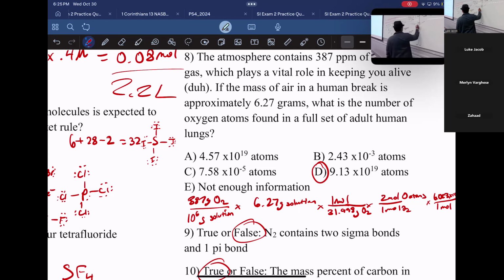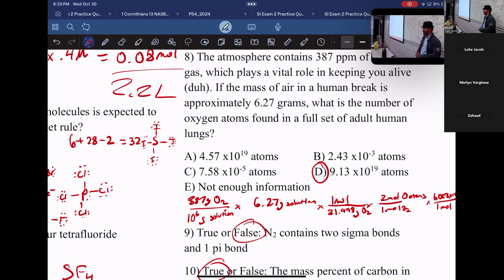The grams of solution that you're given is 6.27 grams, after telling you what's in the atmosphere, and then every time you breathe, you're breathing in the atmosphere. So it's a little bit of common sense there. That's literally how it was worded. It's just tough, so that's why I gave it to you guys. Kind of annoying.